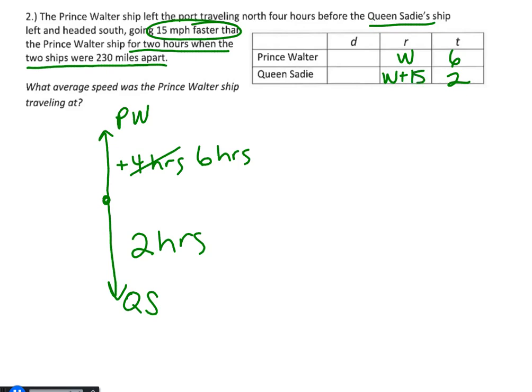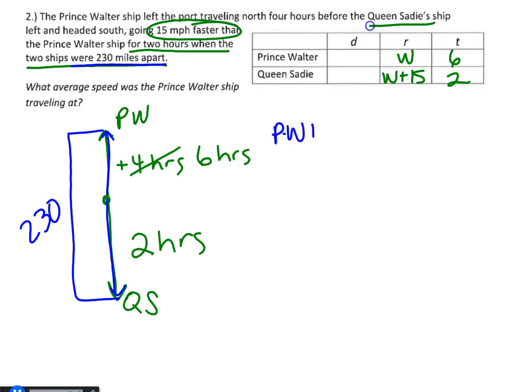Now we need to look at the distance. The only thing it tells us about distance is that the ships were 230 miles apart. So from here to here is 230 miles. That's a total of the Prince Walter's distance plus the Queen Sadie's distance.